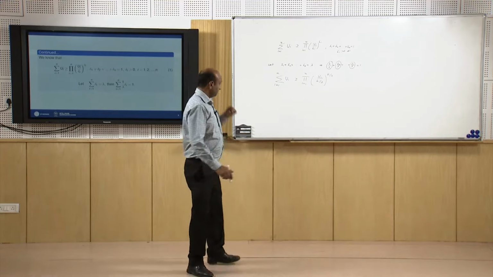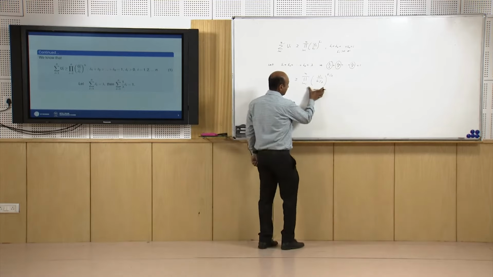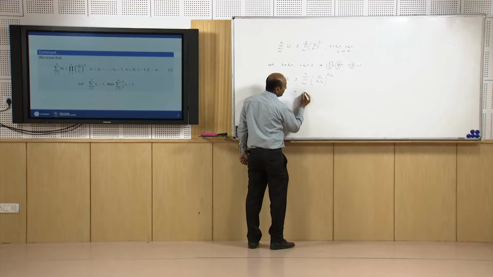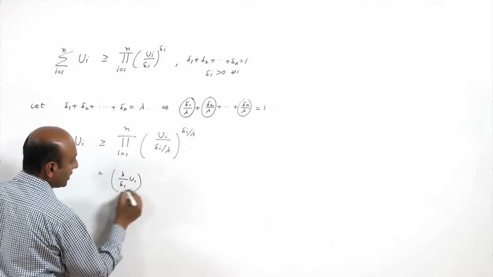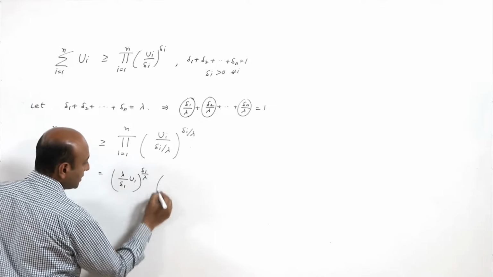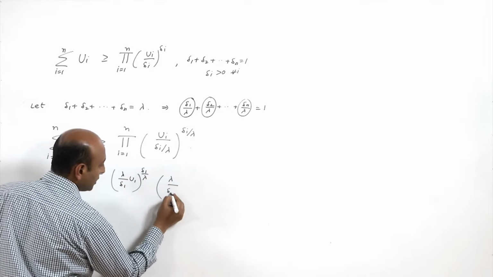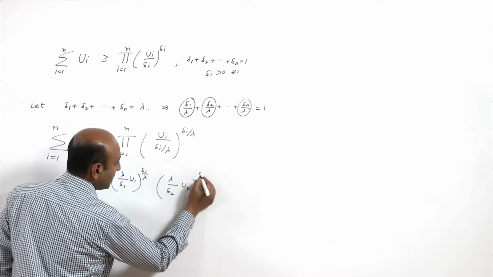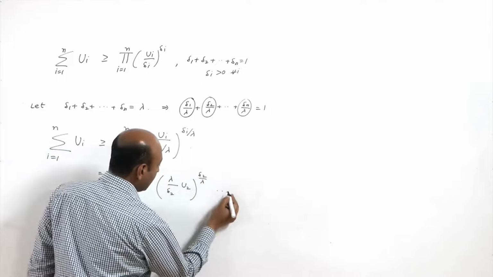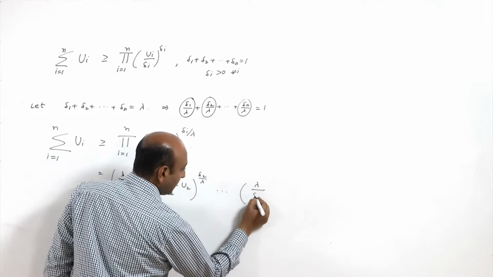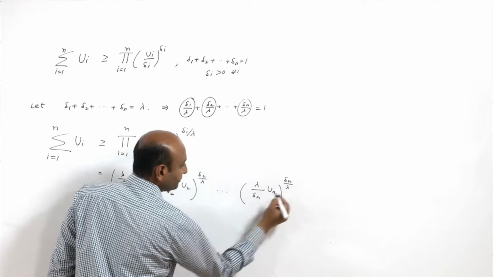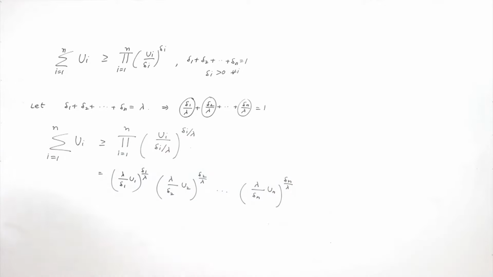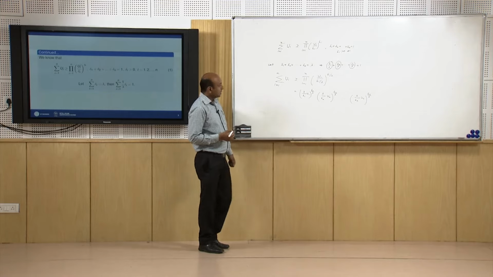Now what is the right hand side? You can simplify it first. It is (lambda u_1 upon delta_1) whole raised to the power delta_1 upon lambda. The second term is (lambda u_2 upon delta_2) whole raised to the power delta_2 upon lambda, and the nth term is (lambda u_n upon delta_n) whole raised to the power delta_n upon lambda. This is the right hand side.